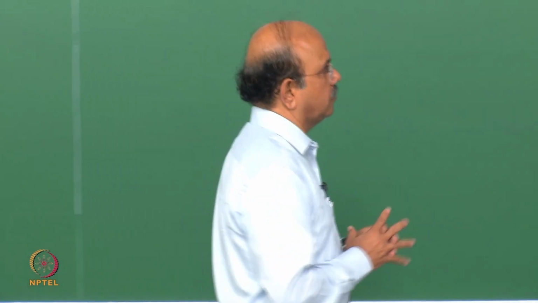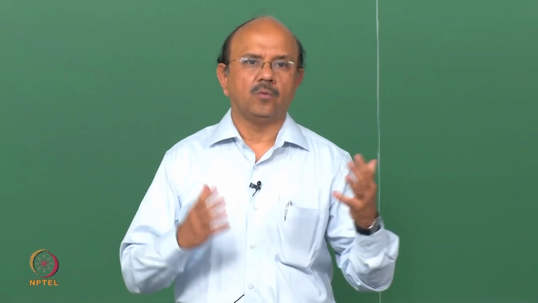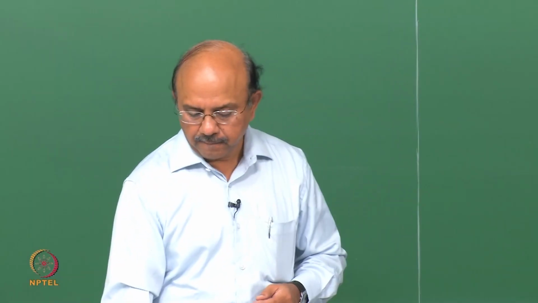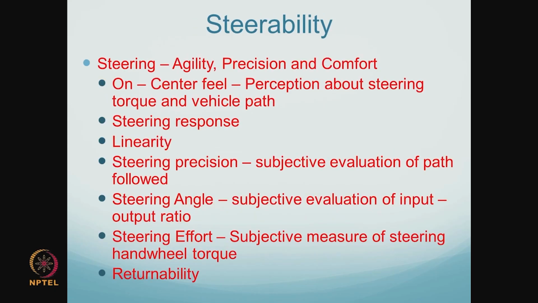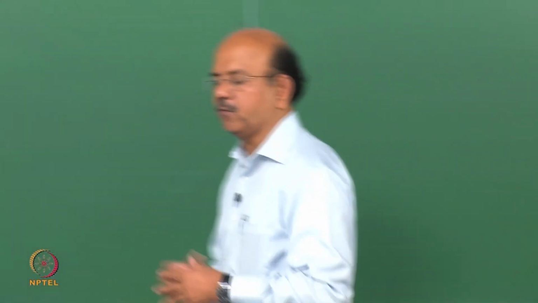Already we have seen this. We said that straightability, as the vehicle goes straight on a road, what are the things that we should look for in a vehicle. We were looking at steerability in the sense of how the vehicle behaves when you want to steer it.